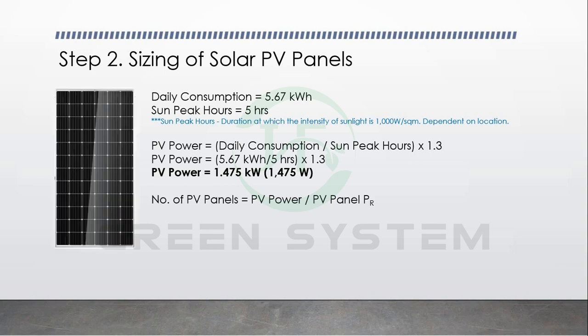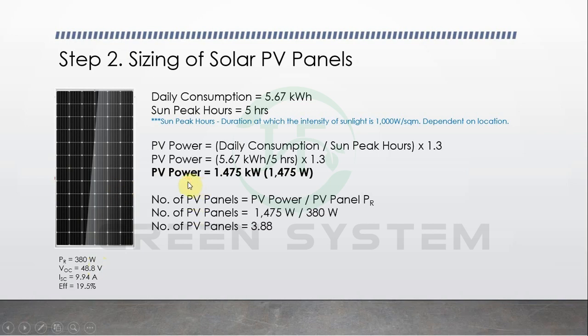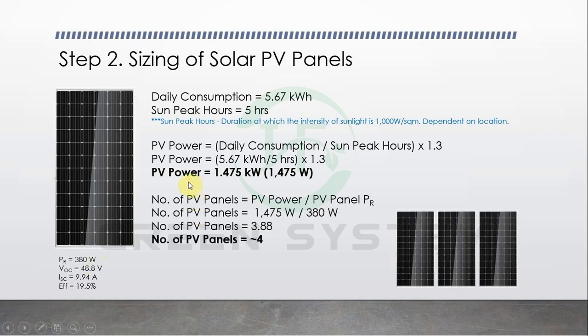Now suppose you have your solar panel right here with a power rating of 380 watts. To compute how many of these are required, we just need to divide the PV power by the rating of our solar panel, which is 380 watts.